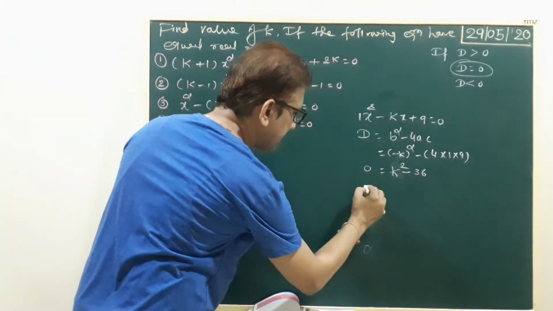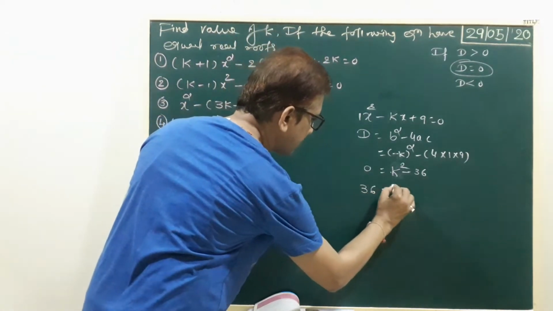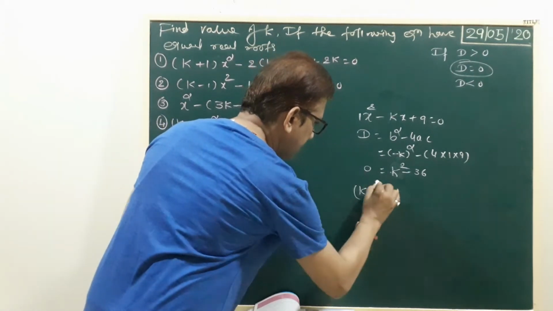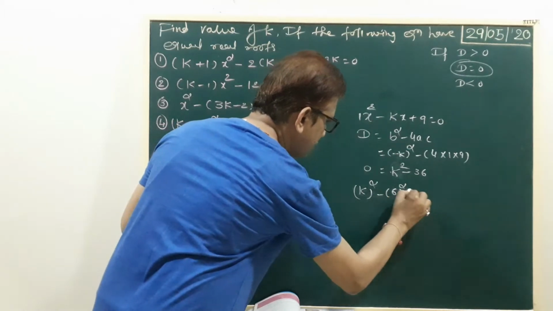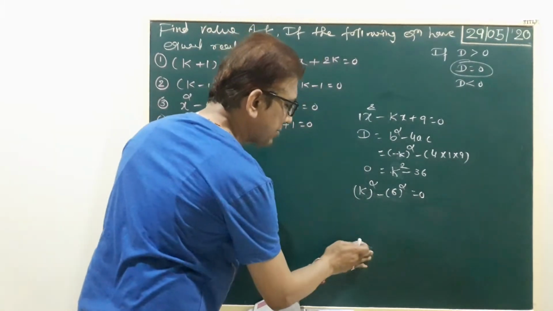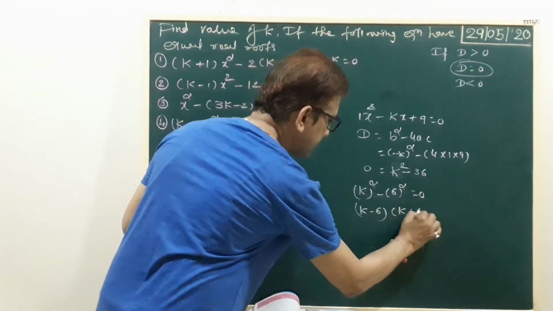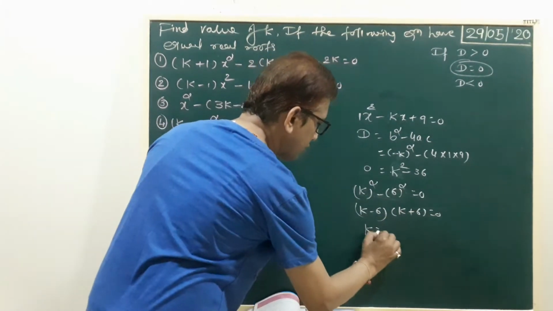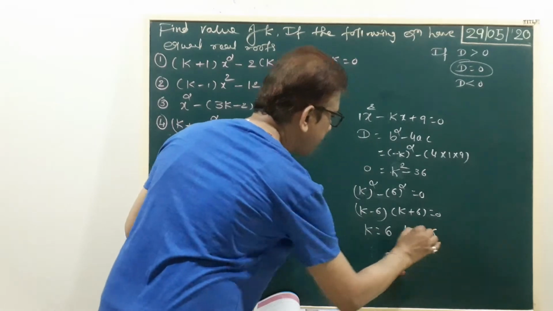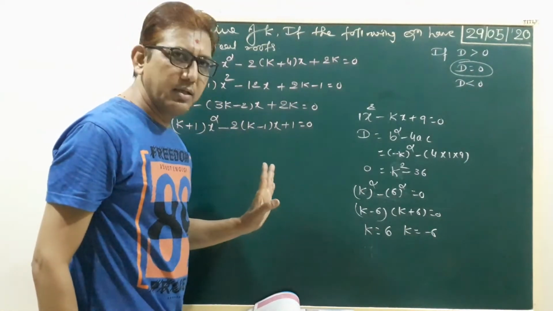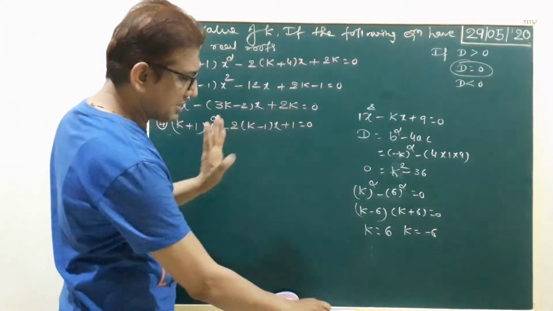Now 36 on the left side, so 36 equals k square. Otherwise, directly factorize: k square minus 6 square equals 0. Apply the a square minus b square formula. So k minus 6 and k plus 6 equals 0, so k equals 6 and k equals minus 6. Both of them are possible. Is that clear? So in this question, solve by this method.